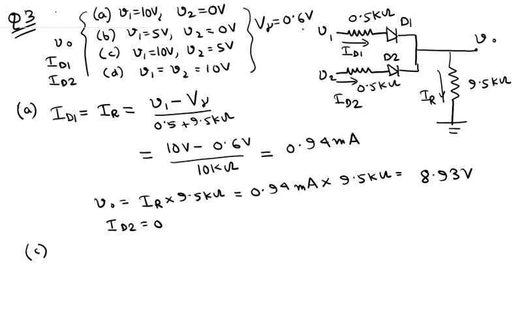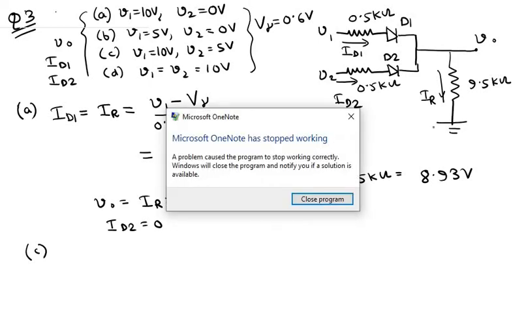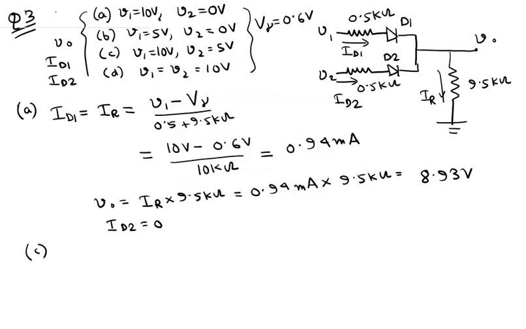So what we can say is that this diode D1 must always be forward biased. But we do not know whether D2 is forward biased or reverse biased. We know that at least D1 must be forward biased, because V1 is 10 volts, V2 is 5 volts, and this point is grounded.